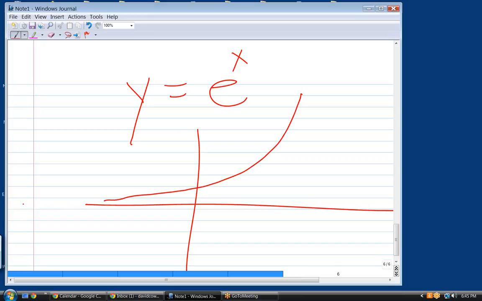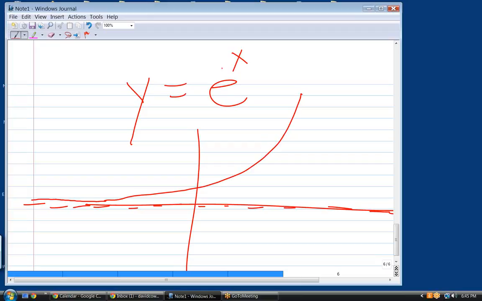Well, there's a horizontal asymptote right there, at 0. In other words, there's no way y can ever be 0. No matter how far I go left on the axis, it just approaches 0.